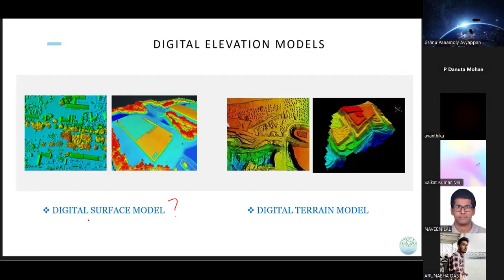But for research purposes or carrying out any commercial activities, we basically need the digital terrain model. And what is a digital terrain model? It is the bare earth surface. That is how the terrain of the earth looks when we remove the buildings or vegetation from the surface. So it is known as the bare earth model, the digital terrain model.